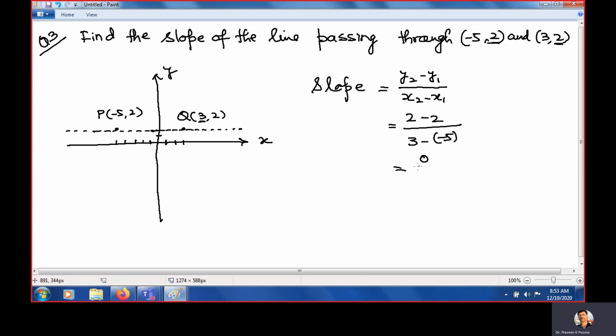So how much it is? 0 upon 3 plus 5, 0 upon 8, and if you divide 0 by any number, the value will be 0. So m is equal to 0. So if m is negative, the line is going down. If m is positive, line is going up. But if m is equal to 0, the line is parallel to x-axis, same x-axis.